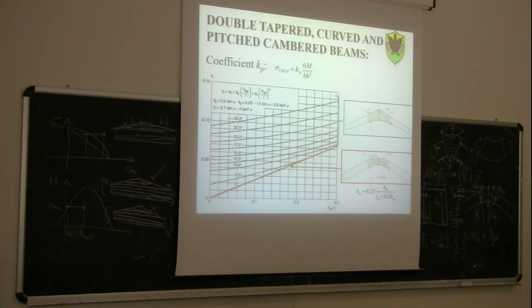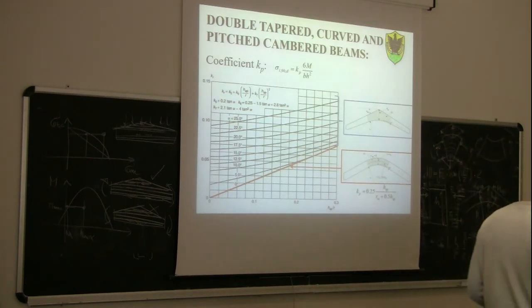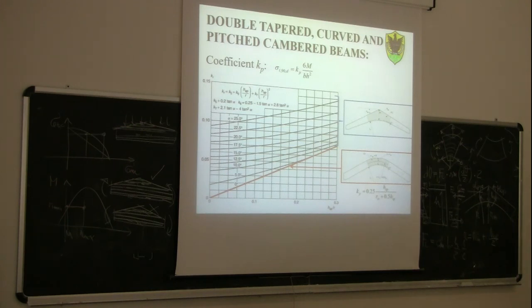This is 0.14 of the main stress. So basically, the tensile stress perpendicular to the grain can grow up to 14% of the main bending stress parallel to the grain, which is a lot, because I remind you that the tension perpendicular to the grain resistance is about 0.5 megapascal. Parallel to the grain, you can get up to 20 to 30 megapascal, a completely different behavior. It is very dangerous. And for a double taper beam, again, we move along this line here, so we can grow from 0 to 0.10.